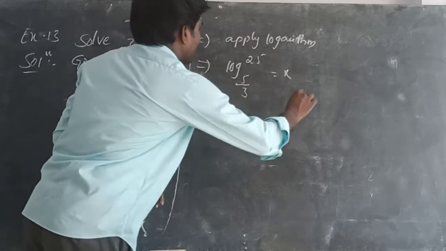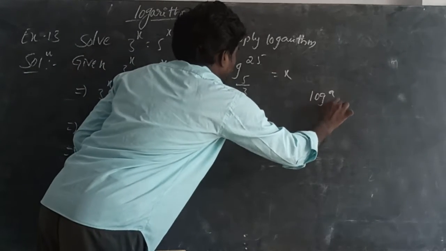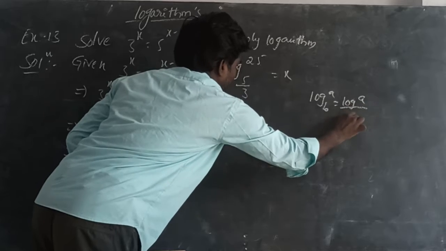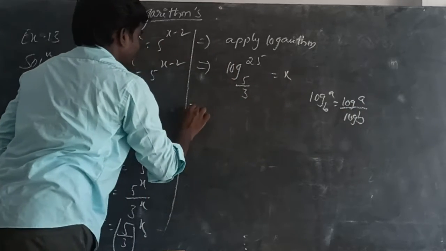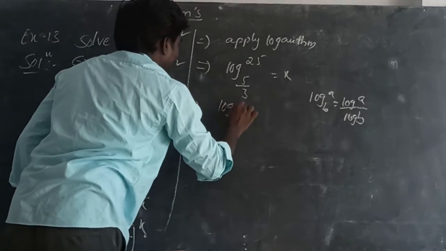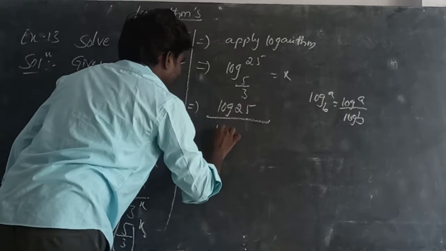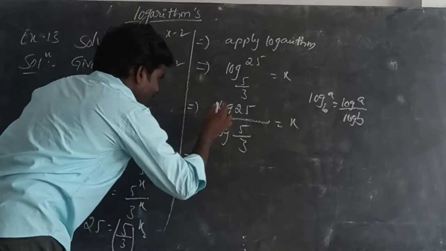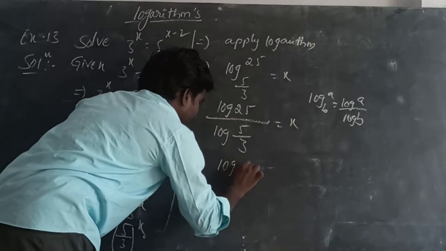Here again we can use the formula log a base b is equal to log a by log b. So this one you can write as log 25 by log 5 by 3 is equal to x. 25 you can write as 5 square.